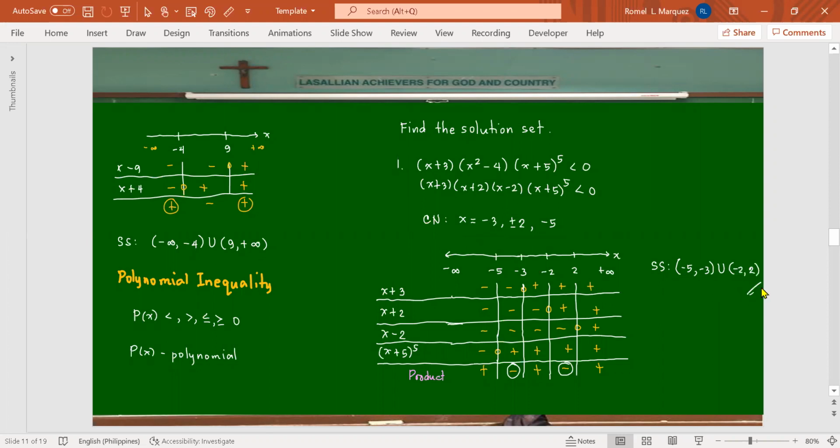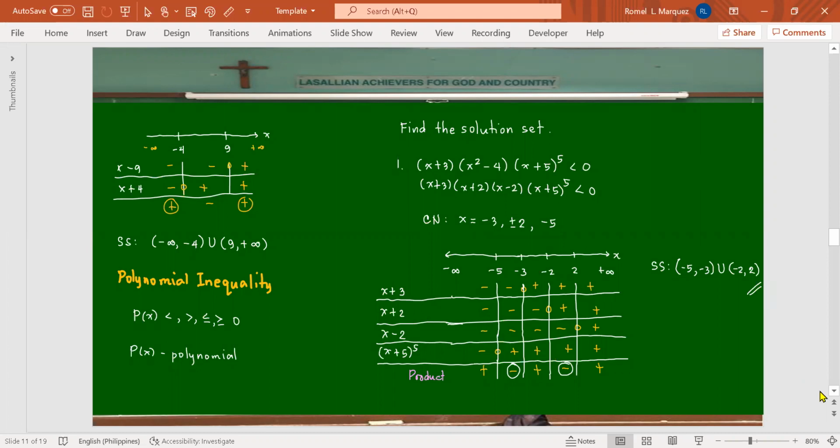That's it, children. See, very easy to solve a polynomial inequality in general. Clear now, children? Yes, sir.